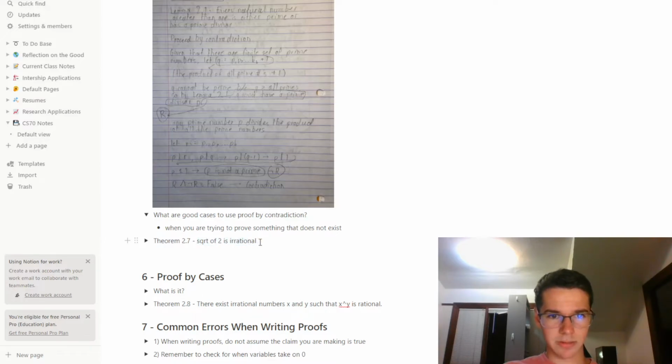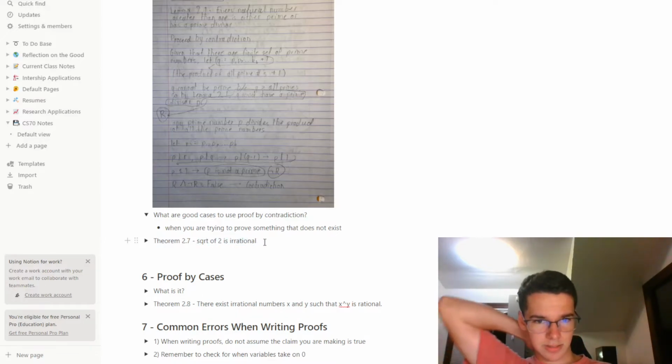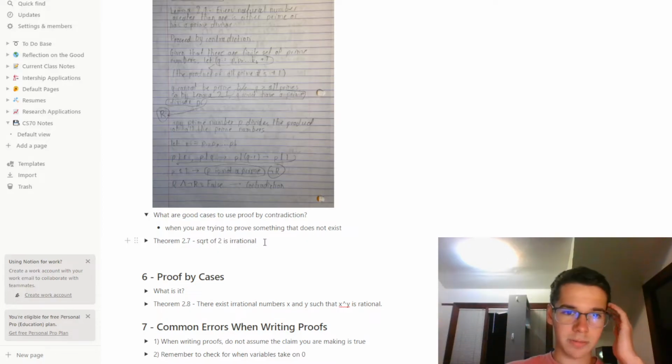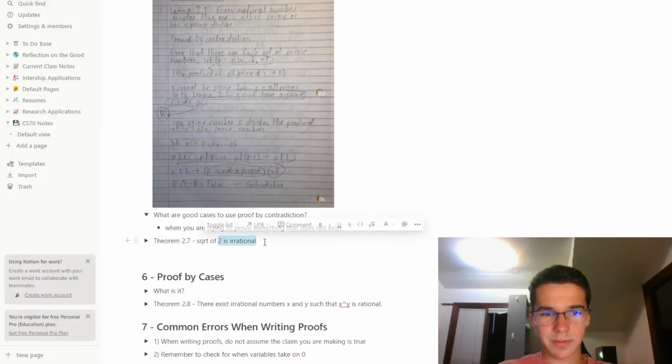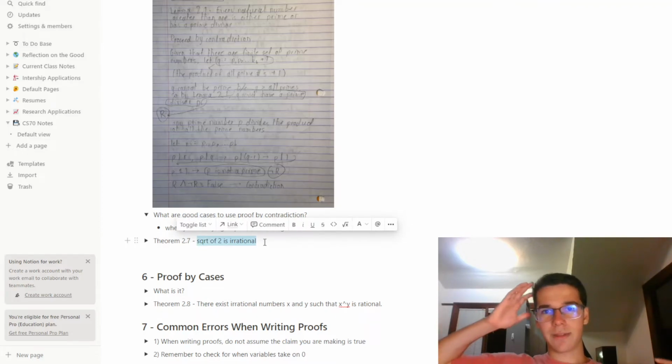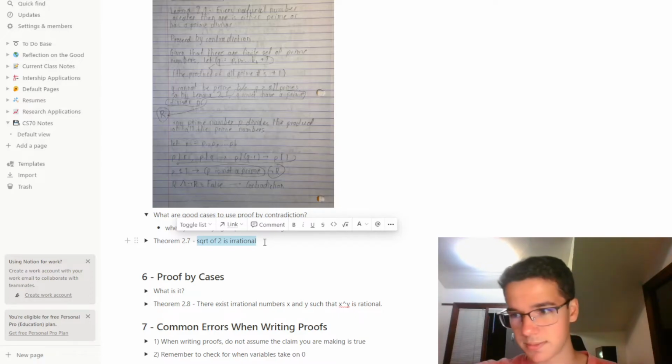Similarly, we're trying to say the square root of 2 is irrational. The feeling I get from theorems that use proof by contradiction is that they're really far out there, and it would be really hard to tackle this, especially in a finite number of steps.